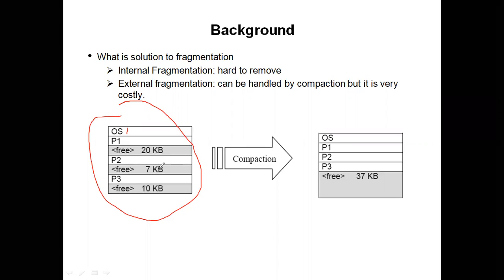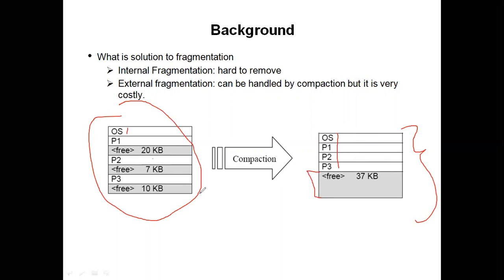So what does compaction do? Compaction tries to move all the used blocks at one side and all the free blocks at another side. So we have to move process P2 here, process P3 here, so that we'll be getting a scenario like this, where all the loaded processes come on one side and free blocks come on the other side.